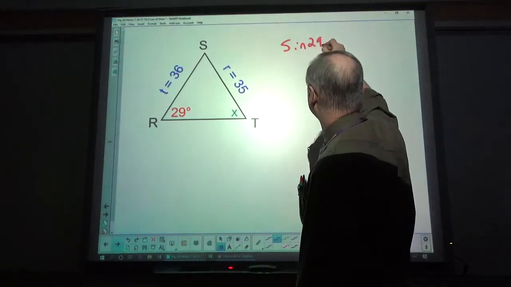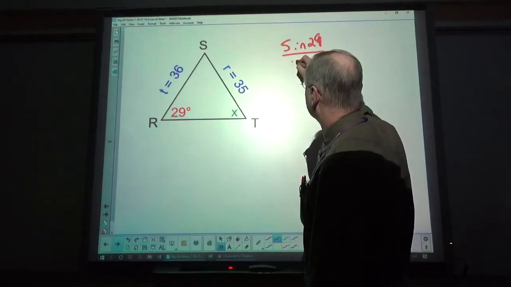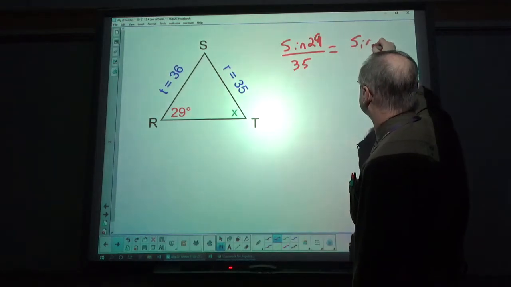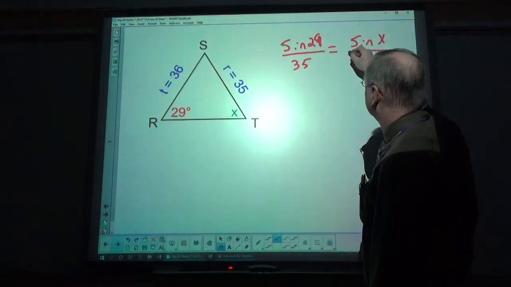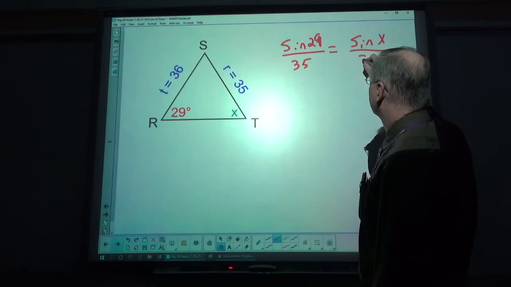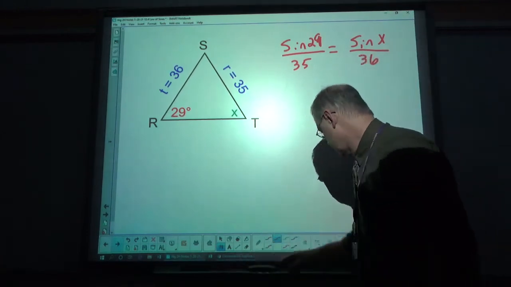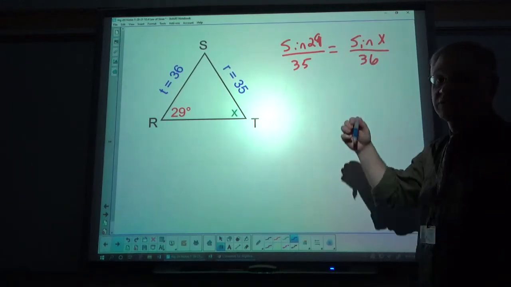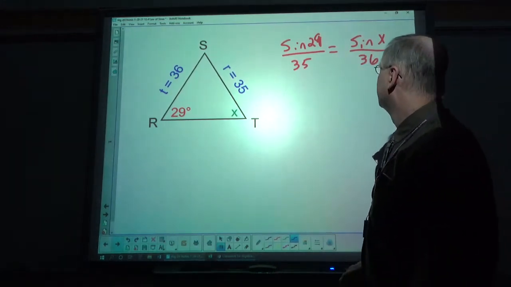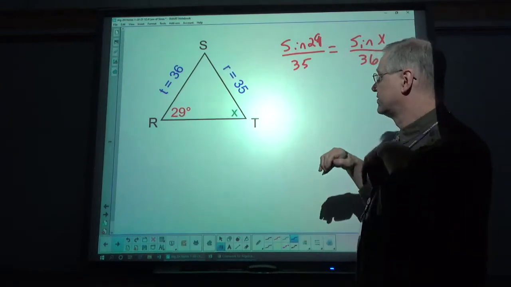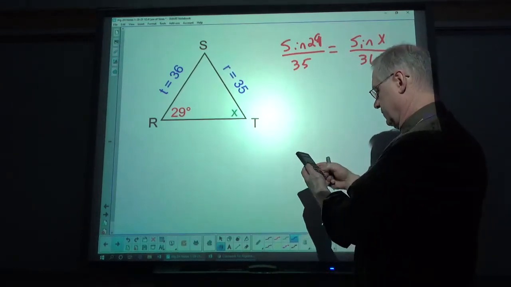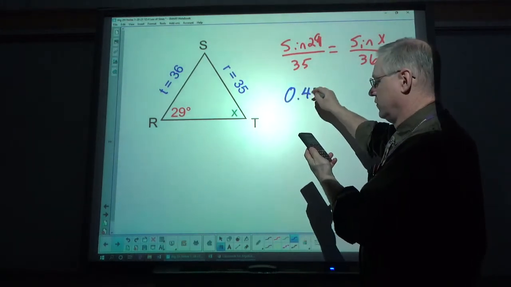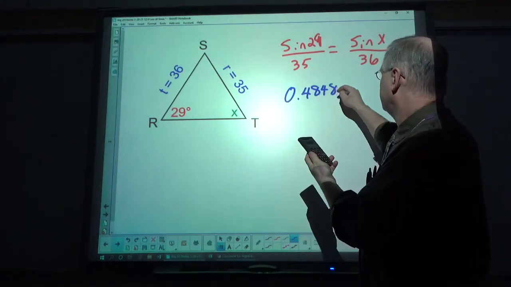Sine of 29 over 35 equals sine of unknown angle x over 36. Since they're over very close values, they should be fairly close. Let's see, sine of 29, 0.4848.